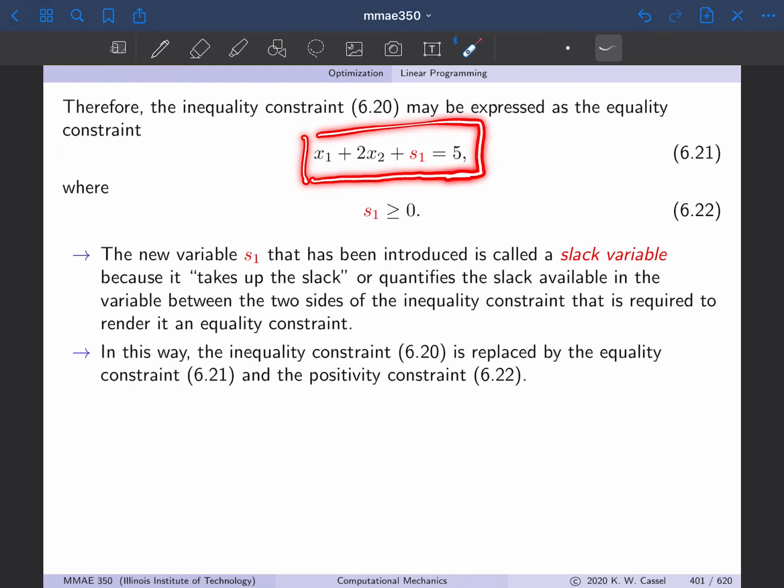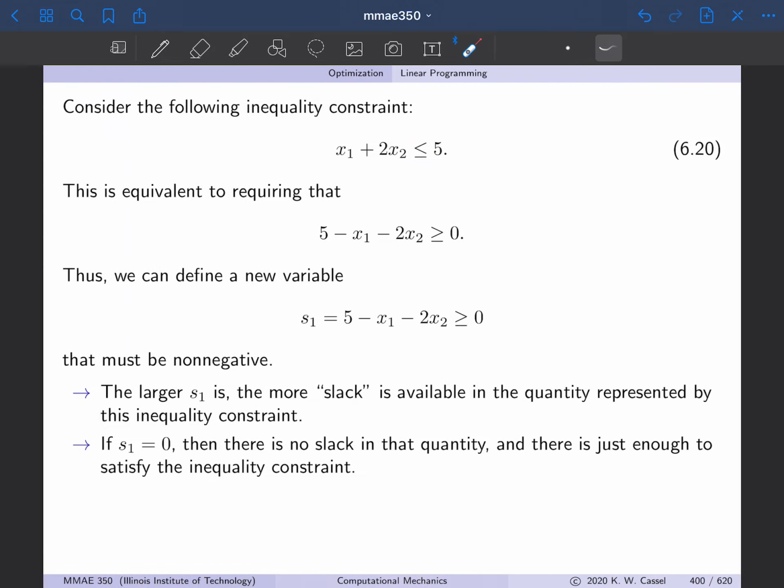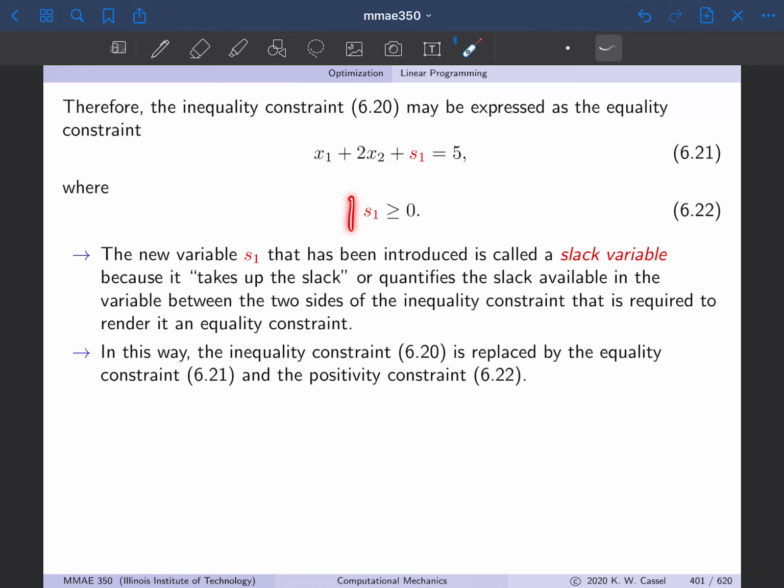So that is our equivalent equality constraint. Then we also have the positivity constraint that the slack variable has to be non-negative. It has to be at least 0, so greater than or equal to 0.